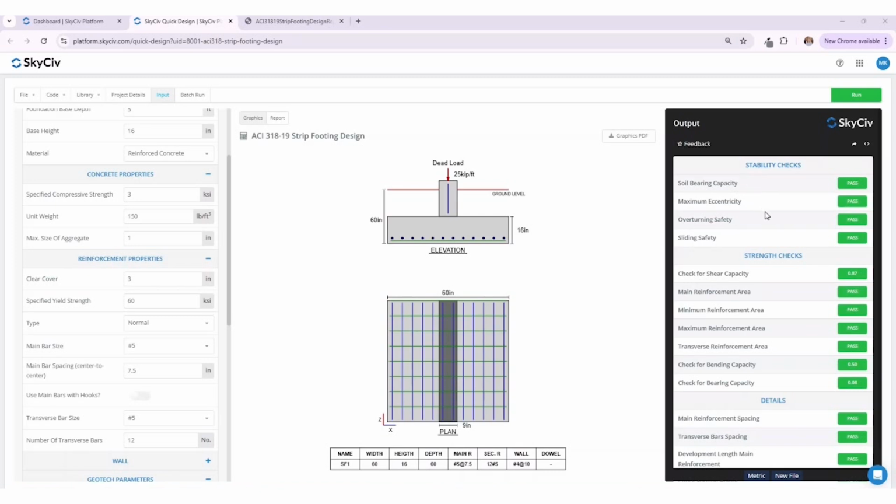The maximum eccentricity ensures uniform pressure distribution, and the overturning safety prevents the footing from tipping, and the sliding safety prevents lateral movement. I encourage you to try the ACI 318.19 strip footing calculator in SkyCiv.